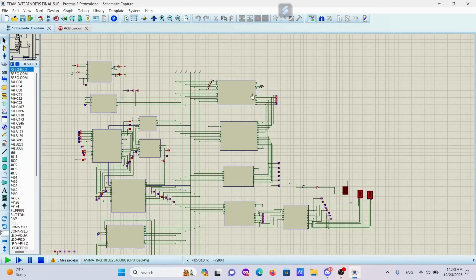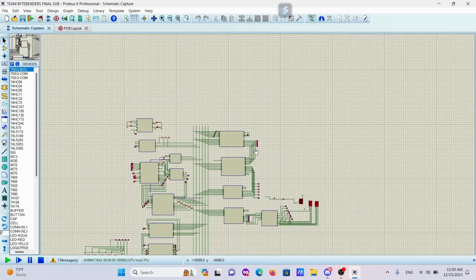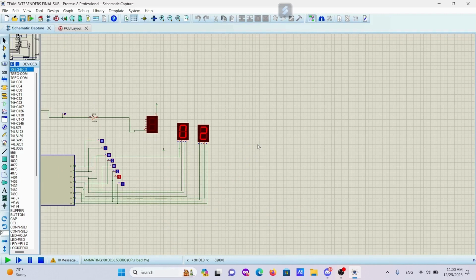Here the result is going from the accumulator. We had seen that 1010 had come. So what we did, we subtracted 8 from 10. So the result is 2.